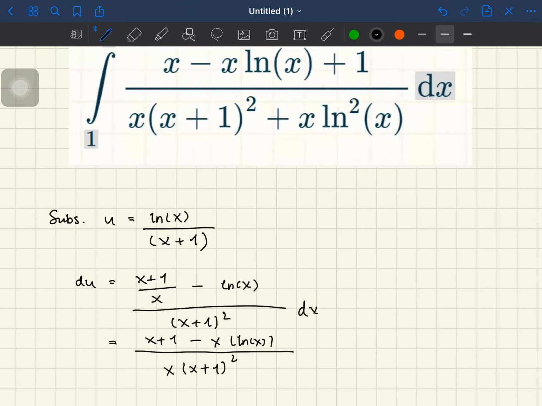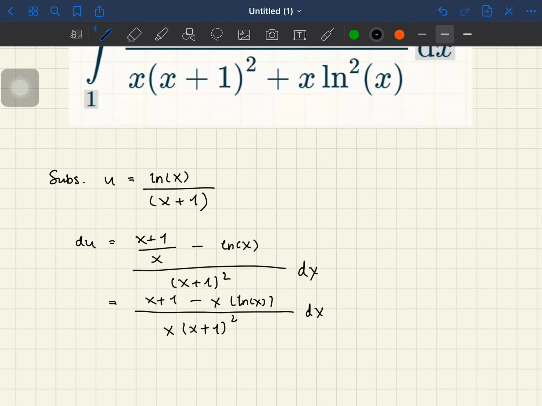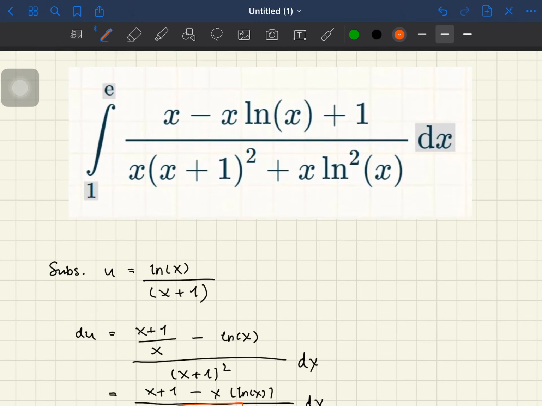Remember, always include the dx on the right hand side when you differentiate u with respect to x. Hence, you can use this dx to manipulate it a bit. As you can see, you have an x plus 1 squared here, so you are able to partially cancel this denominator, but not this one.